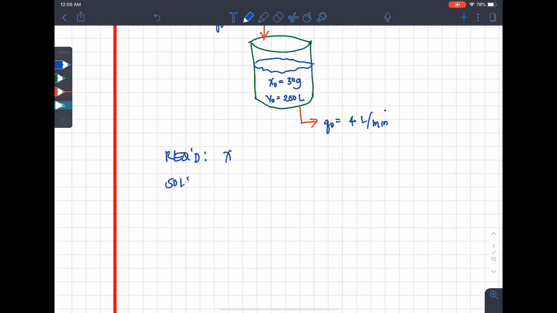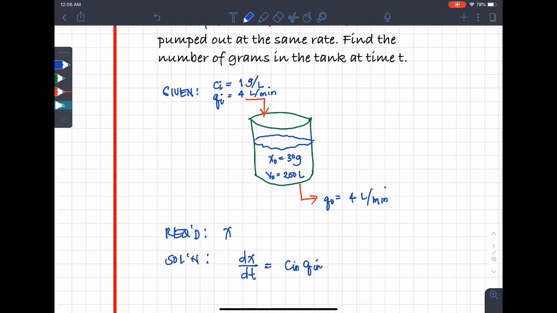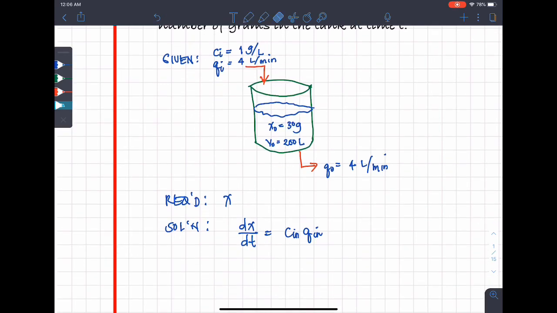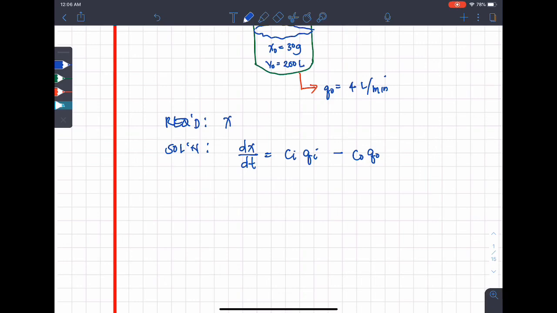If X is the amount of salt at any instant of time, we can use our differential equation: dx over dt equals C in times Q in, minus C out times Q out. That is our general formula.